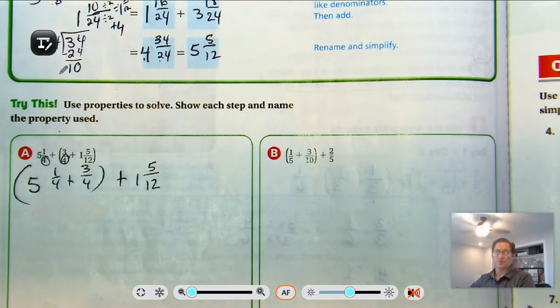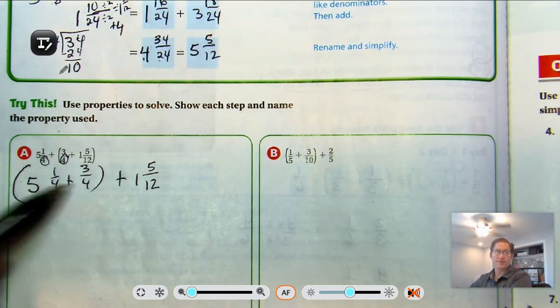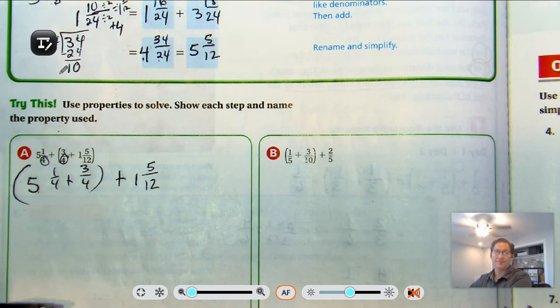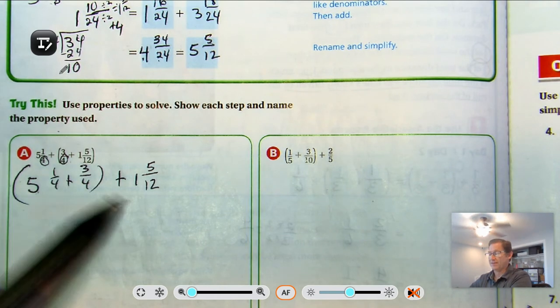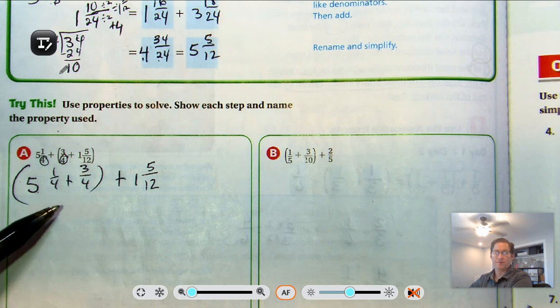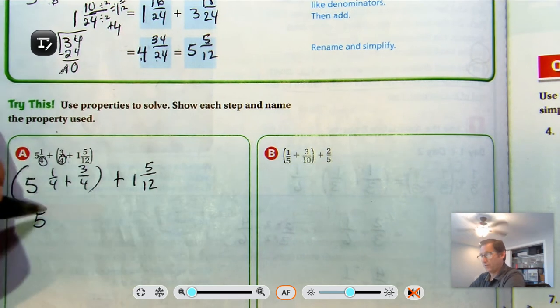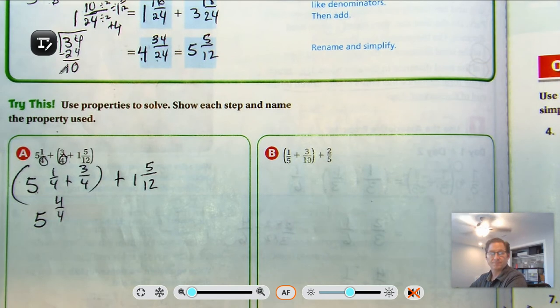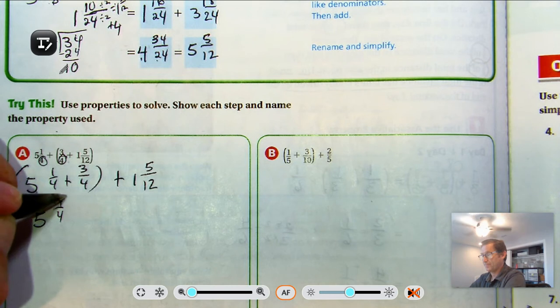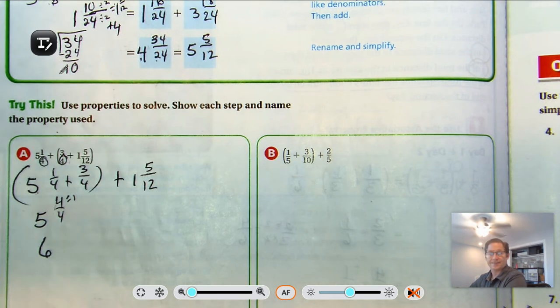Okay, so all I did was I grouped the fourths differently. Now 1 5/12 is not grouped with 3/4 any longer. All right, so let's add these. 5 1/4 plus 3/4 is 5 4/4. Well, 4/4 is equal to 1, right? So 5 plus 1 is 6.